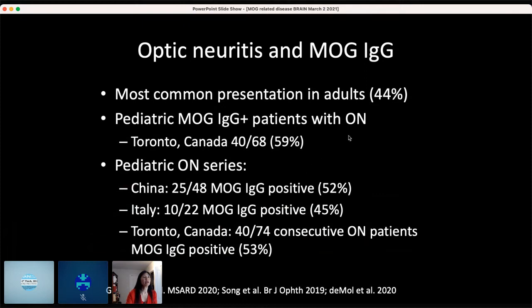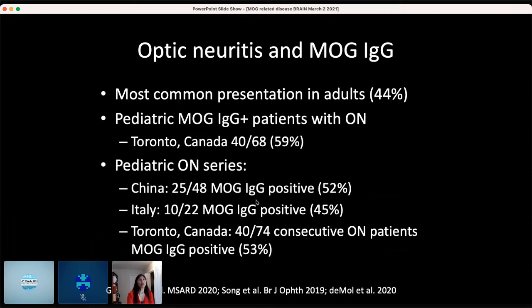Flip it the other way: if you look at children with optic neuritis, half of the patients that present acutely with optic neuritis will be MOG IgG positive. So that's pretty good value for checking your MOG IgG in these patients.